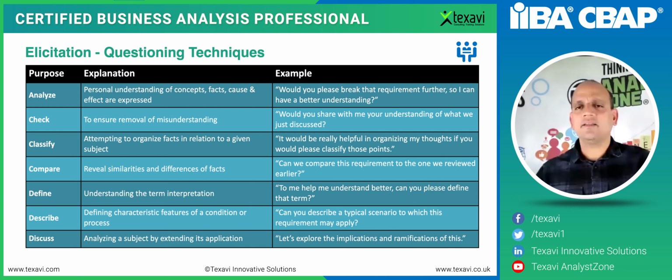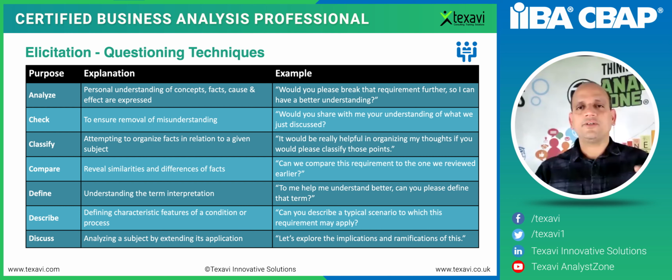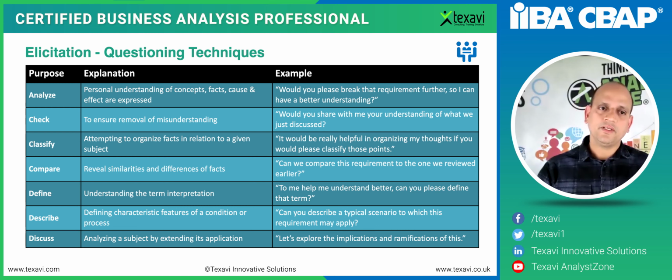That's a wish list kind of question, about wants and dreams. Depending on what you're trying to elicit from the respective stakeholders, the way you ask the question differs, because each has a different purpose and connotation.